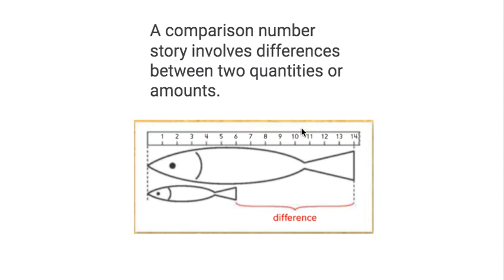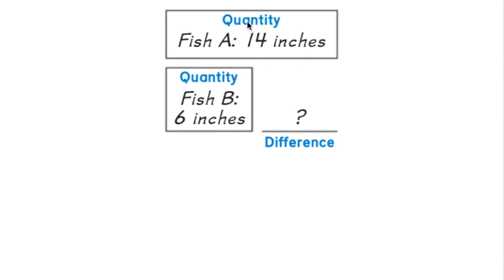So we got that information from right here. 14 inches, 6 inches. We can see that fish A is a big fish, right? We can see that fish B, it's a small fish. So how much bigger is fish A? So that's what we're going to figure out. Okay? That's what we want to figure out. This is the difference. The amount between the two quantities. So we're going to use a comparison diagram to organize our information.